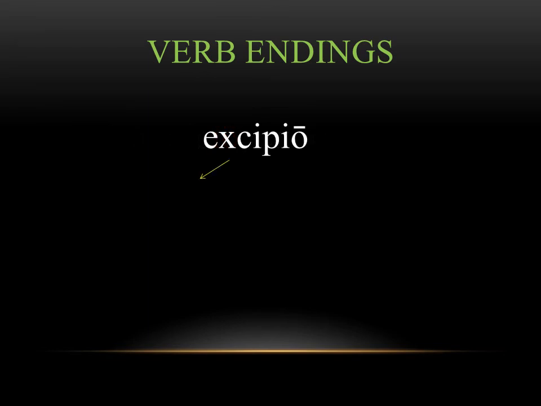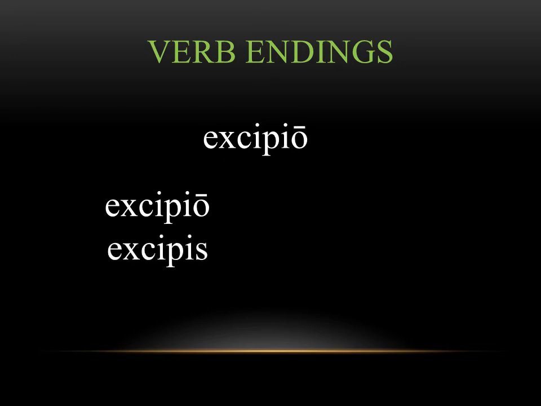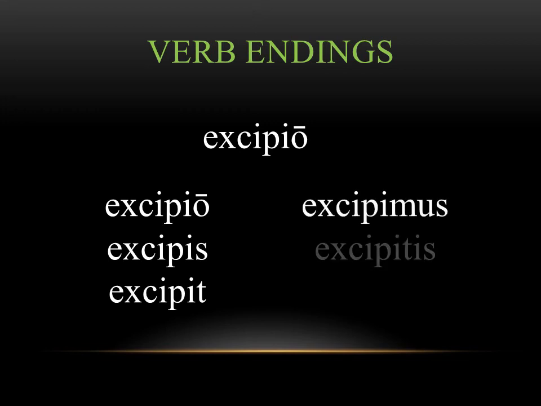So the first thing we do is we start with the first principal part, excipio, and we bring that down into our list. And now from there, we can use the rules we just learned of endings and third conjugation spelling, and we can conjugate the rest of the verb. It will go excipio, excipis, excipit, excipimus, excipitis, excipiunt.